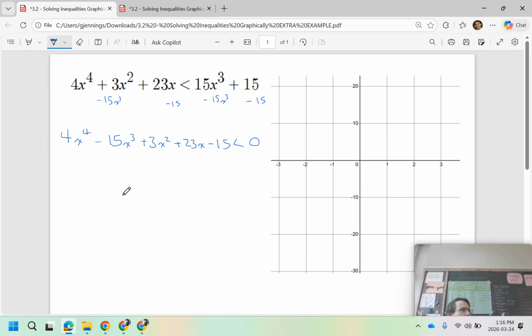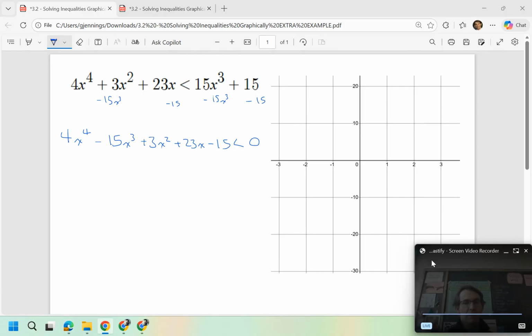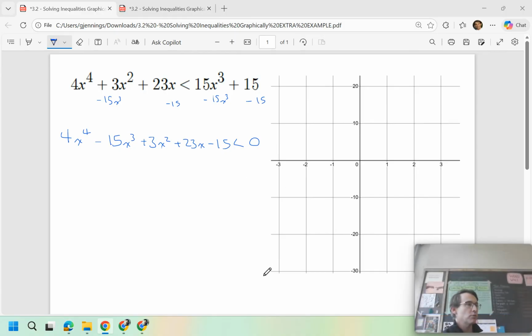Okay, so as x goes to negative infinity, the function goes to positive infinity. And as x goes to positive infinity, the function goes to positive infinity as well. So we know that we're doing something like this and something like this with this function. So our values where we're going to be negative must be somewhere in the middle. They must be in between the infinities.